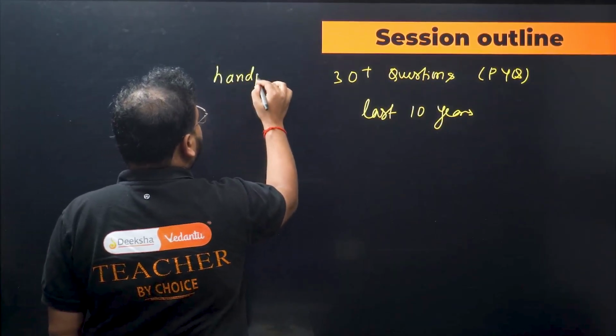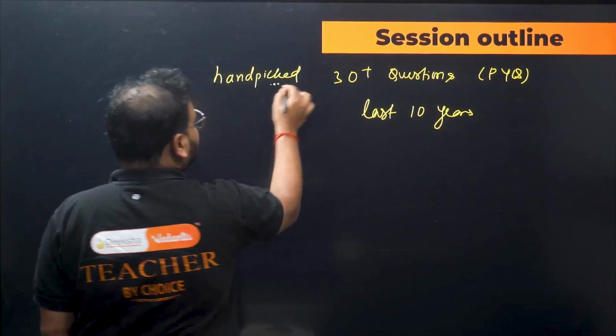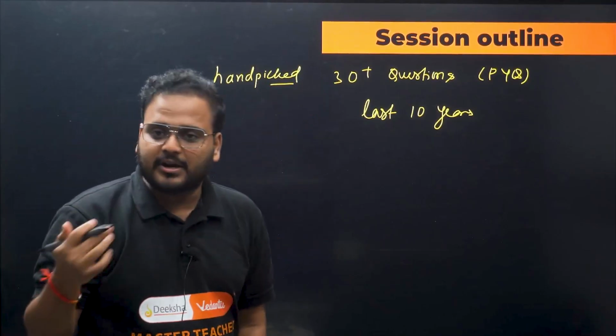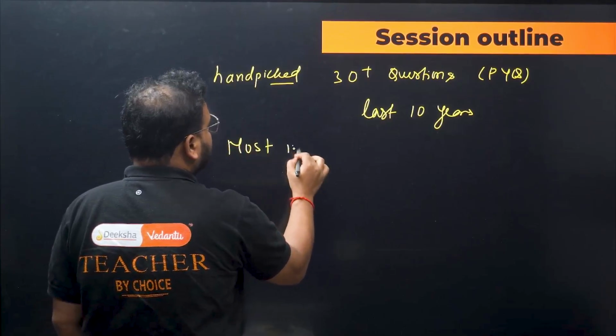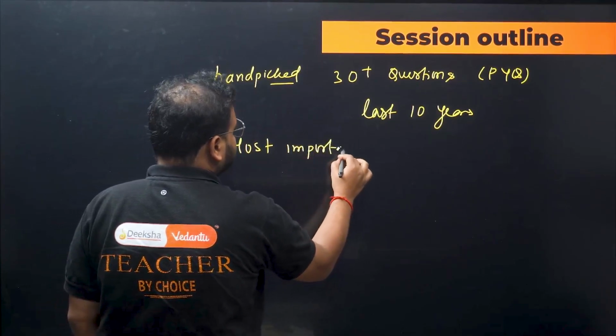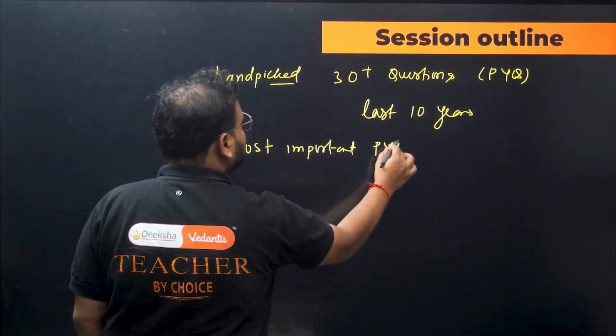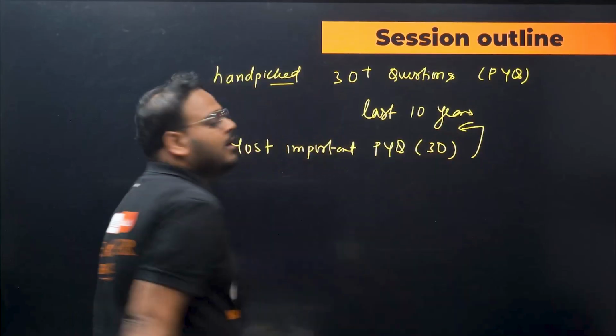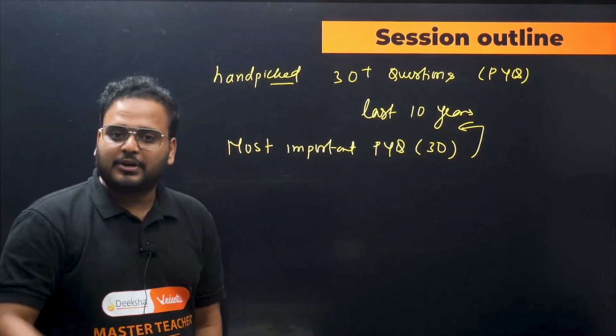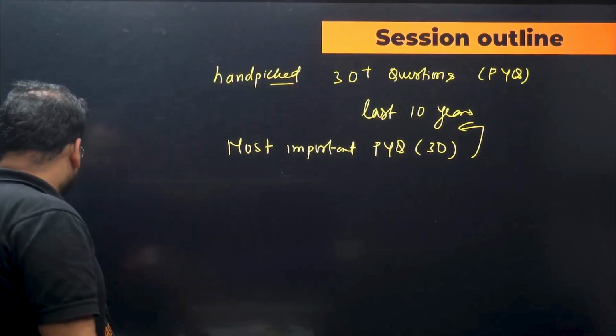I have selected all these questions, meaning they are very, very important. So basically, the most important PYQs, 30 from the last 10 years. Let's see question number 1. Okay, without wasting time, we'll start the session.